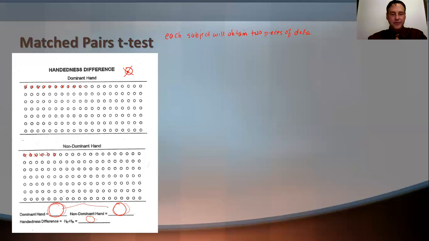So what I'm going to do is create a null and an alternative hypothesis where the mu for your null will be equal to zero. Remember, we're looking at differences. It's not how they did on the first score or the second one. It's actually this one on the bottom. If people did equally well with each hand, then we assume that the difference is zero, at least as an average.